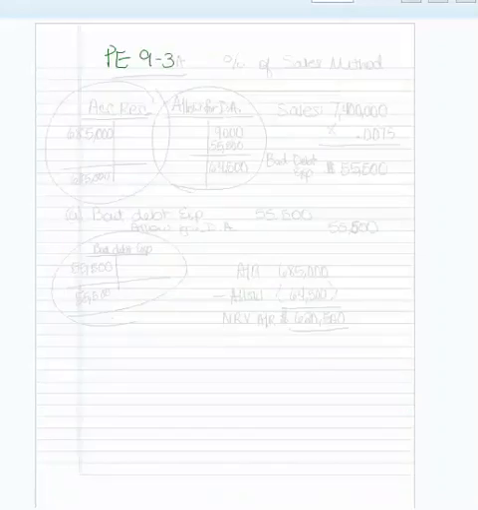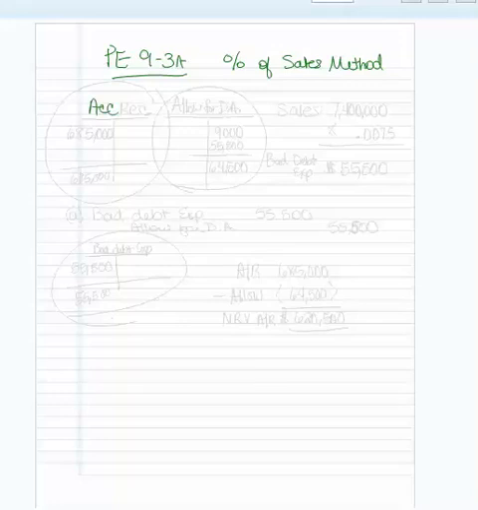That's 9.3A, the percent of sales method. And this is on page 427. Y'all see where I am? At the end of the year, accounts receivable has a balance of what? $685,000.